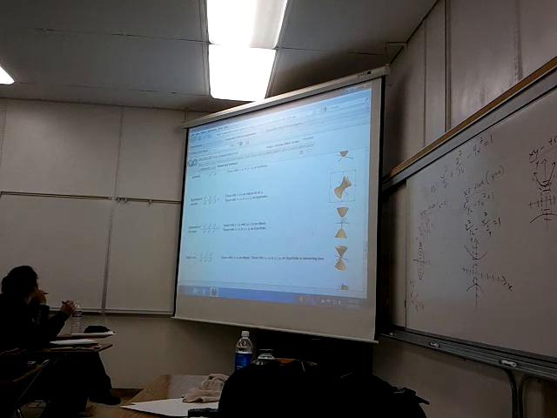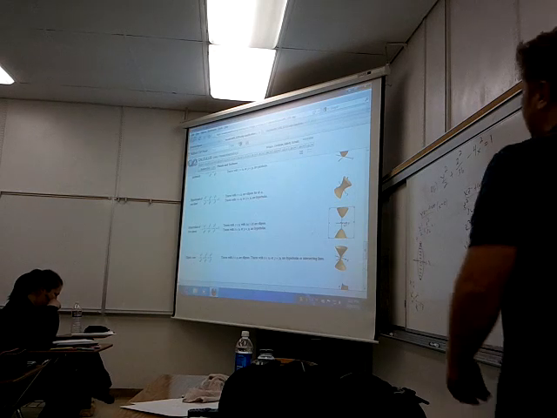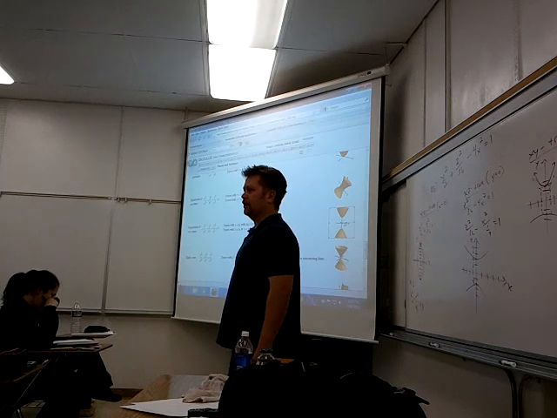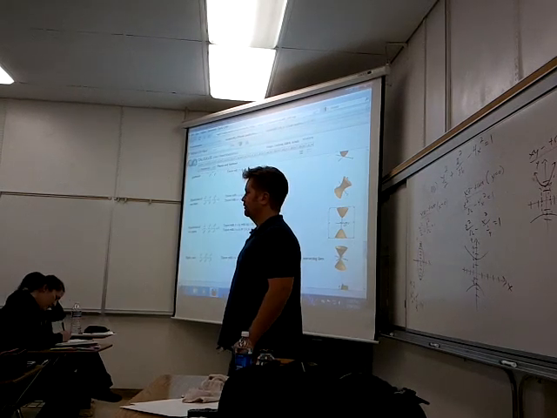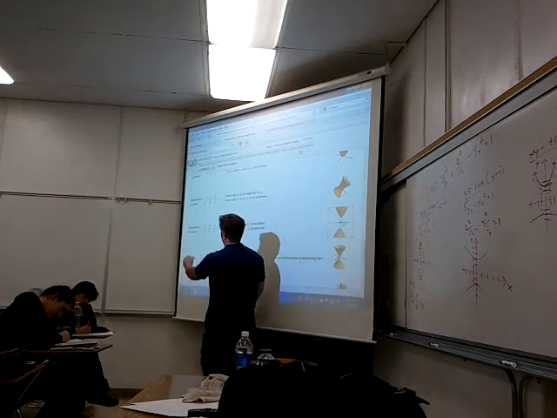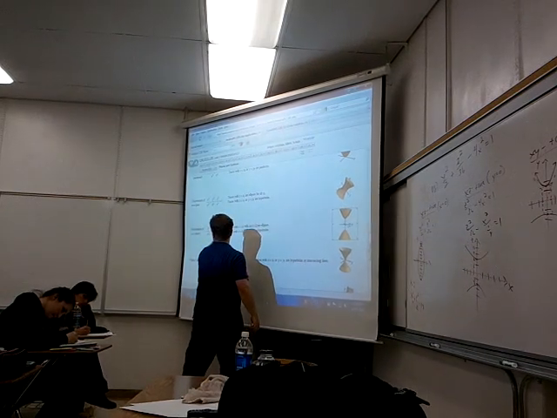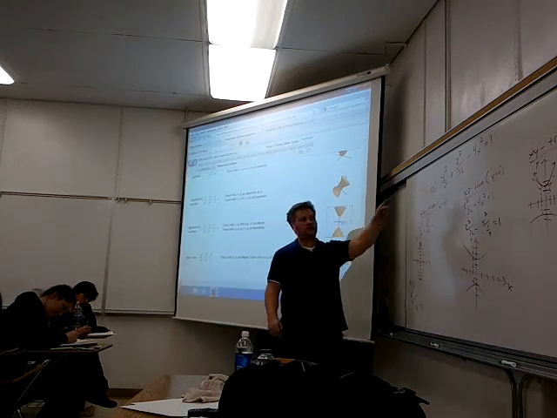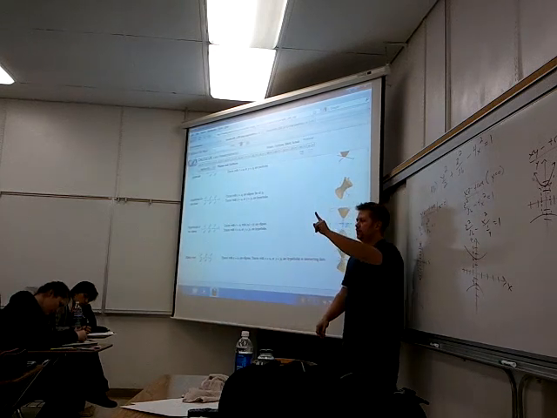Here's 1 sheet, here's 2. To be 2 sheets, what does the XY trace have to do? The XY trace must not exist. Right? To be 2 sheets, the XY trace, and we can see it here, negative stuff equals positive 1, doesn't exist. So I already know it's definitely a hyperboloid of 1 sheet.